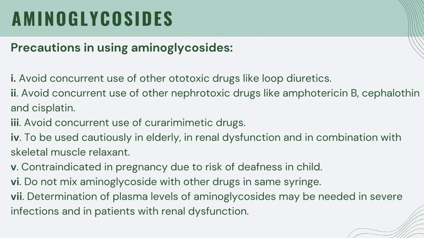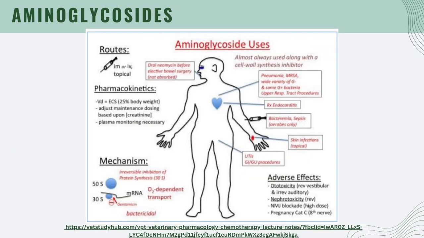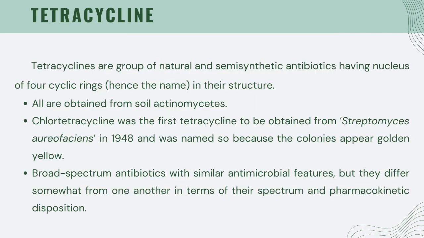For example, avoid concurrent use of other ototoxic drugs like loop diuretics. Here is a summary on what we discussed about aminoglycosides. It includes the route of administration, pharmacokinetics, mechanism of action, its uses, and adverse effects.